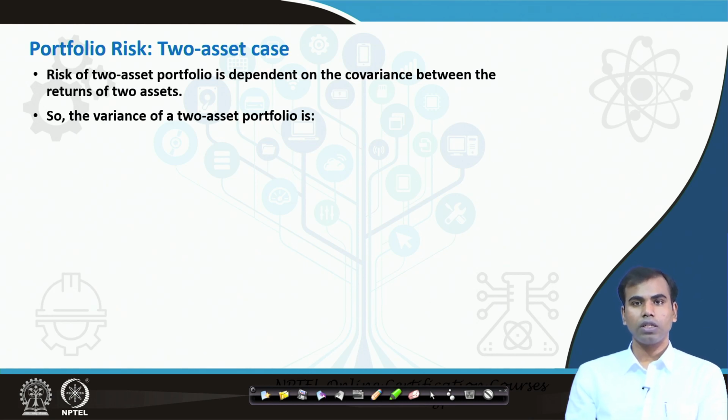So, we know that the risk of a two asset portfolio is dependent on how these assets are related, or how the covariance of these assets are related with each other.